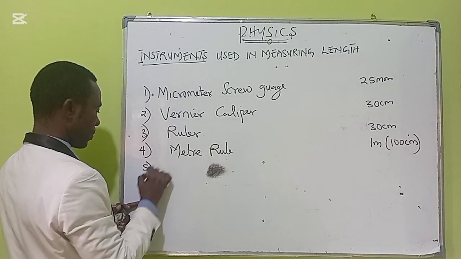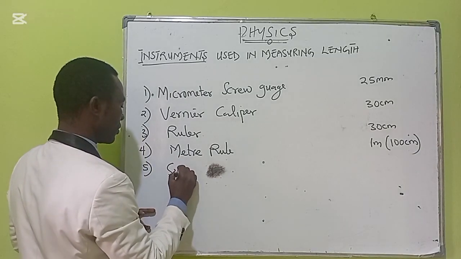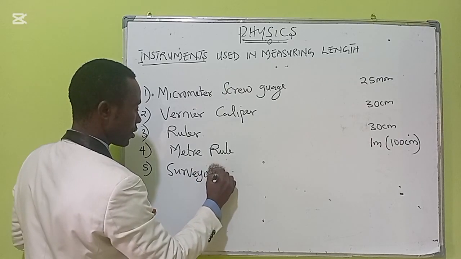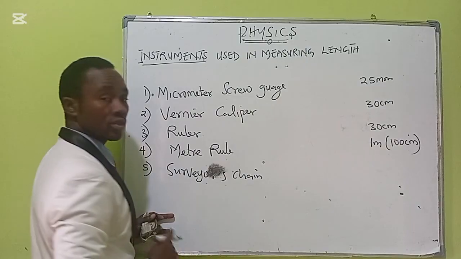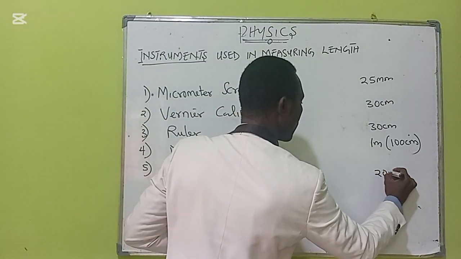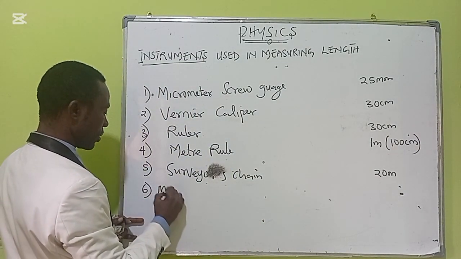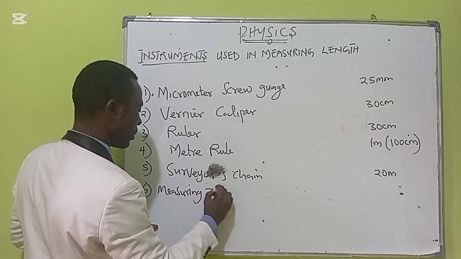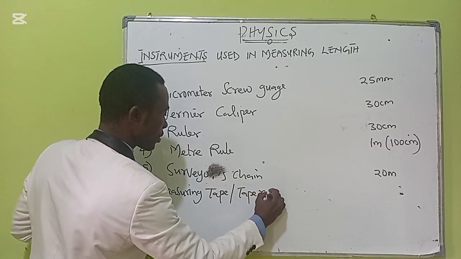Then number five, we have the surveyor's chain. A surveyor's chain can measure distance up to 20 meters. Then number six, you have a measuring tape, which you can call a tape rule.